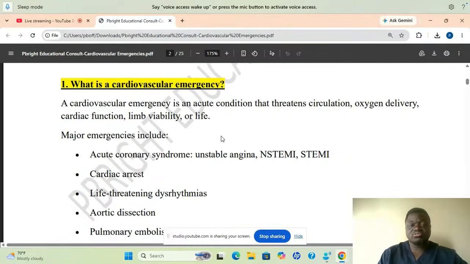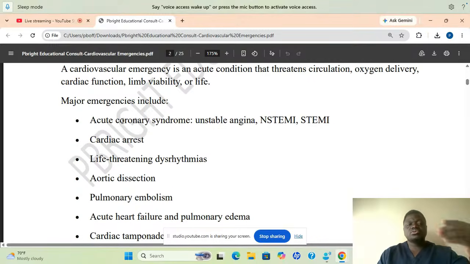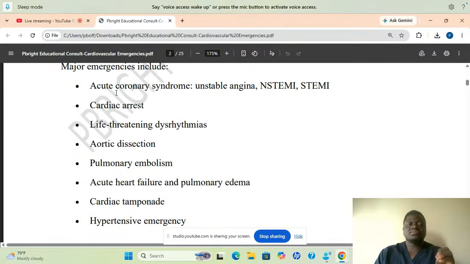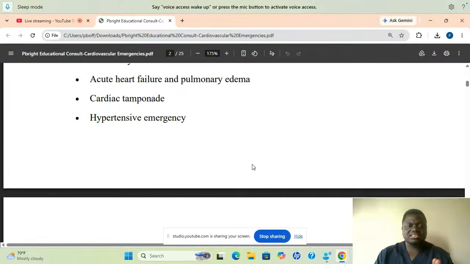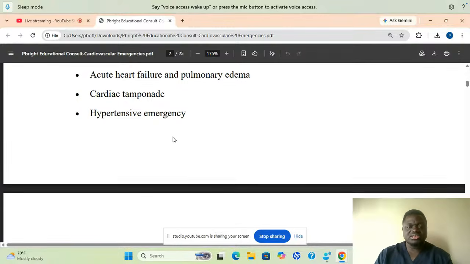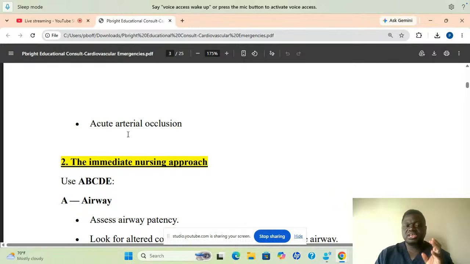Now, we've looked at the medical conditions that we can classify as cardiovascular emergencies. We have the acute coronary syndrome, the cardiac arrest, the life-threatening dysrhythmias, aortic dissection, pulmonary embolism, the acute heart failure and pulmonary edema, cardiac tamponade, hypertensive emergencies, and acute arterial occlusions.